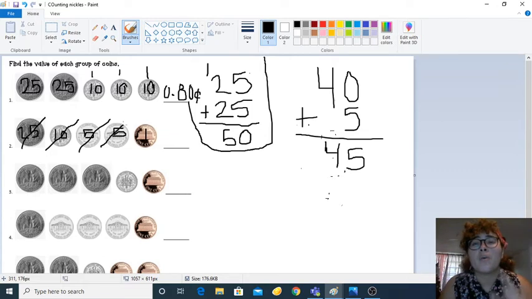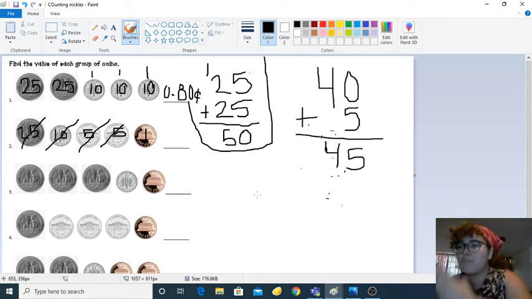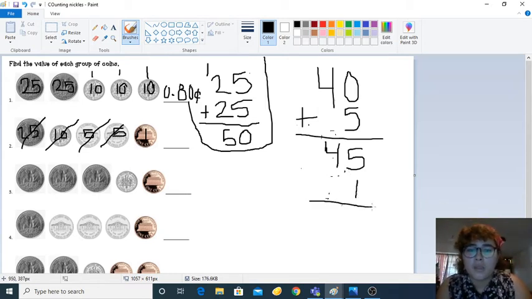Since it's only worth 1 cent, that means that we're just adding 1. You just have to count 1 over. What comes right after 45? 46. But if you don't remember, it's the same dynamic. If you put 5 plus 1 gives you 6 and you bring it back down and you get the same result.